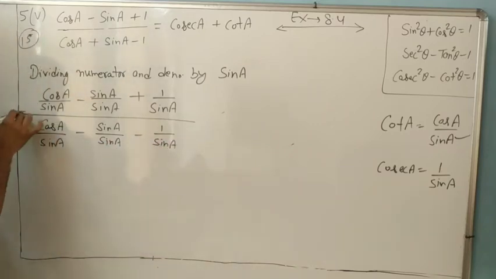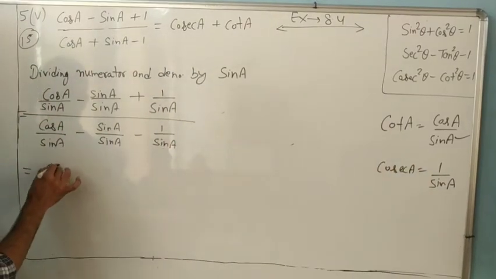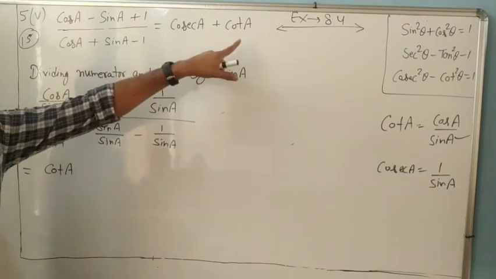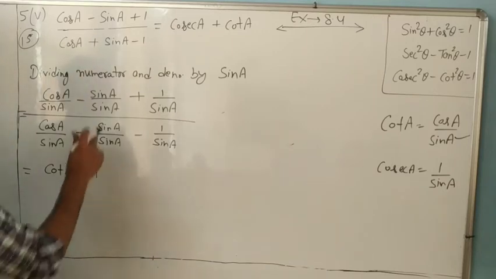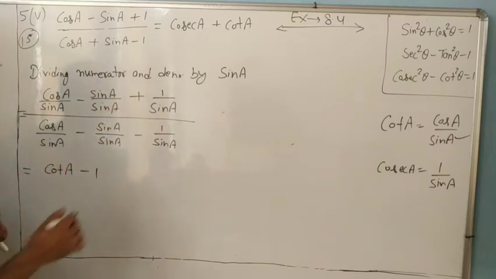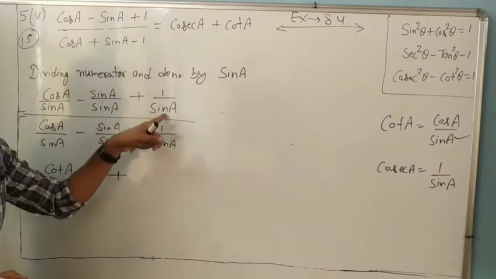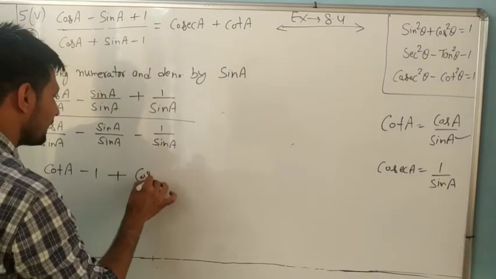Now look here. Everyone knows cos a by sin a is always cot a. Now we find cot a, and sin a divided by sin a is 1, just as 5 by 5 is 1, 6 by 6 is 1. Plus 1 upon sin a; sin a is the reciprocal of cosec a, so 1 upon sin a is cosec a.